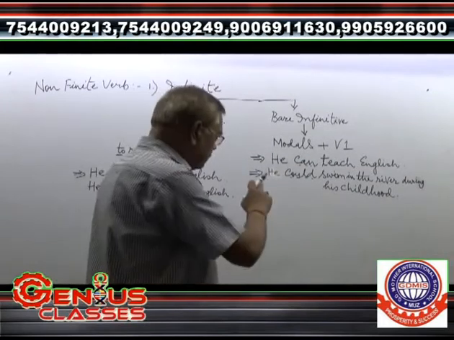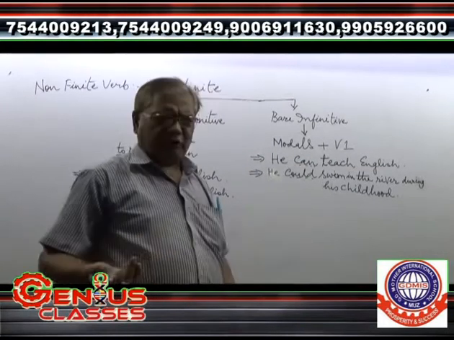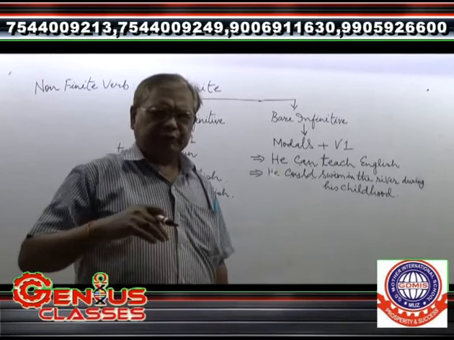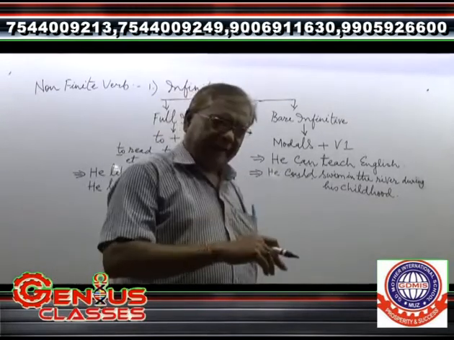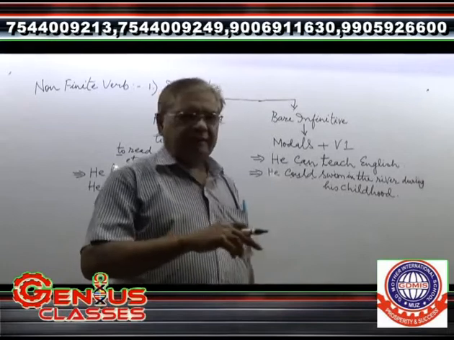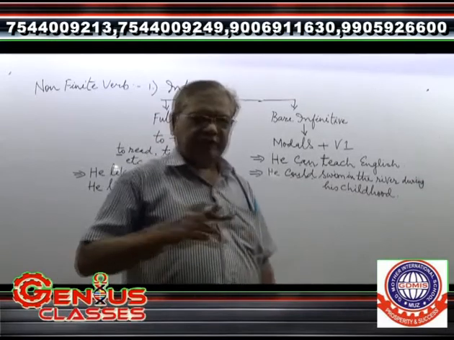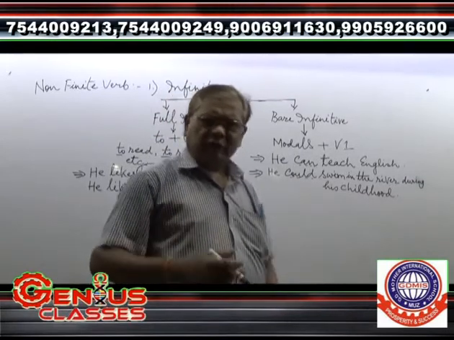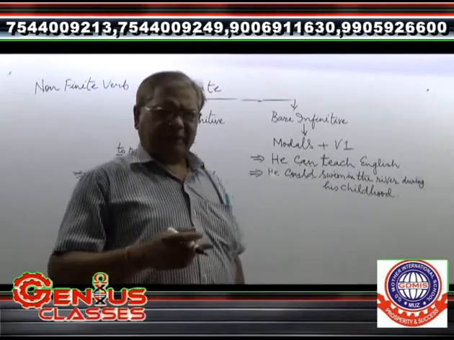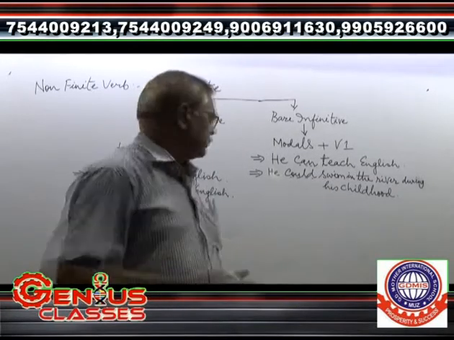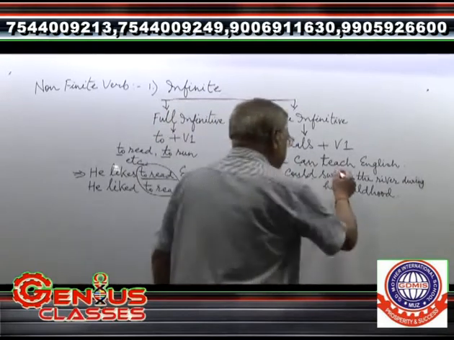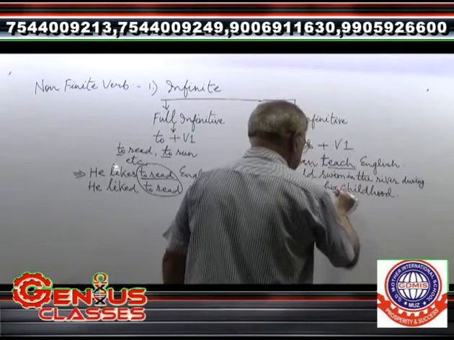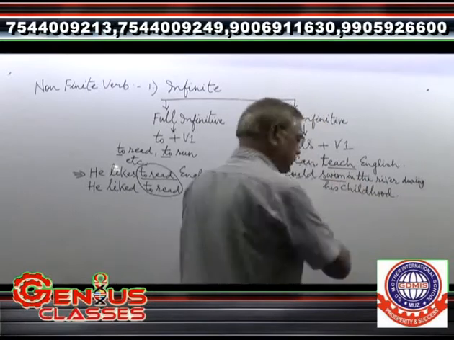So after using the modals, whether you use will or would, shall or should, can or could, may, might, must, dare, whatever you are using, whether it is present tense or past tense, you can use the modals, but the V1 will be the same over here.